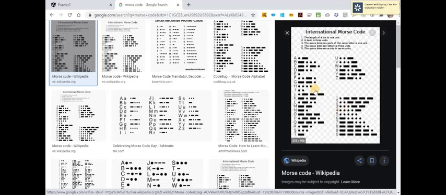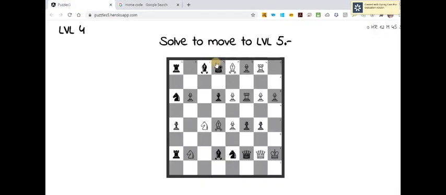But we can see there's nothing. But you can see here that E involves a single dot. So if we associate black with a dot, E is the one that would stand over here.